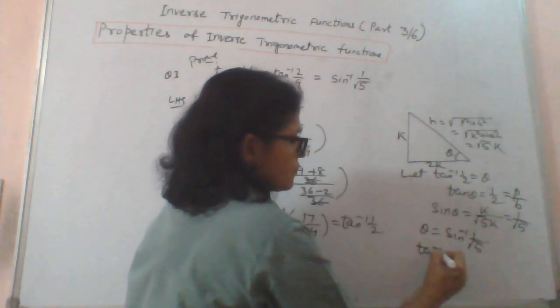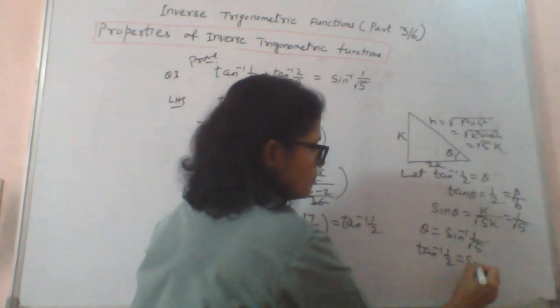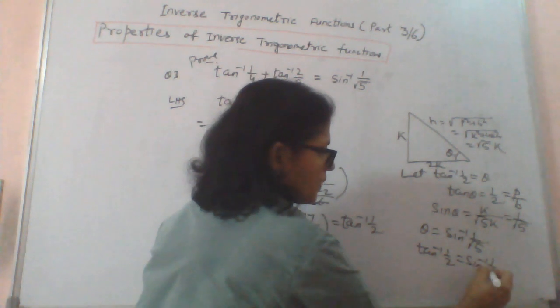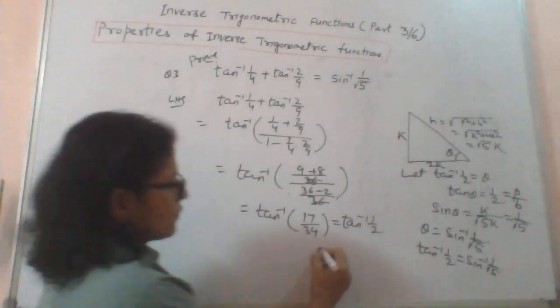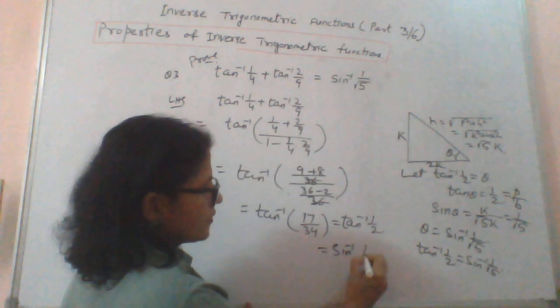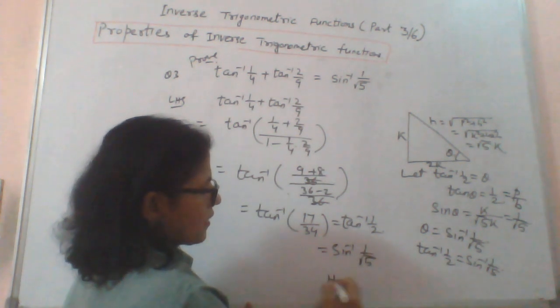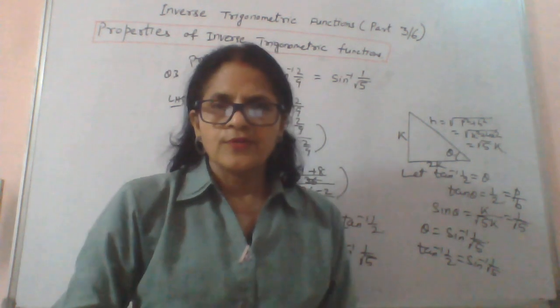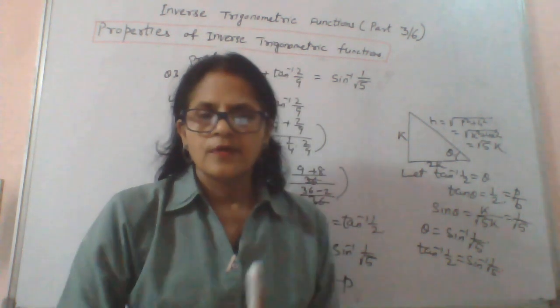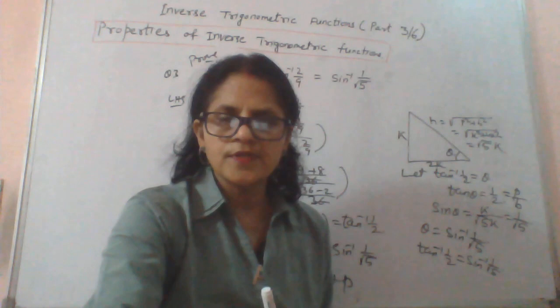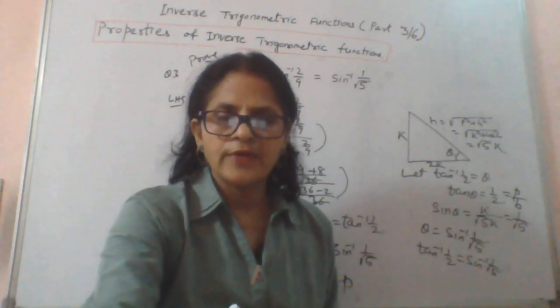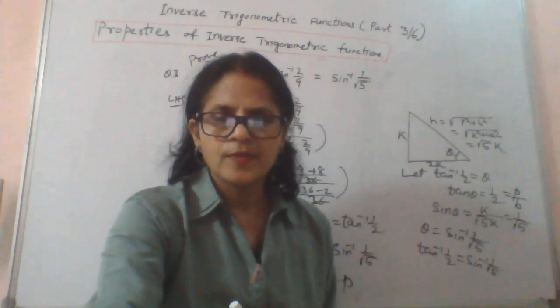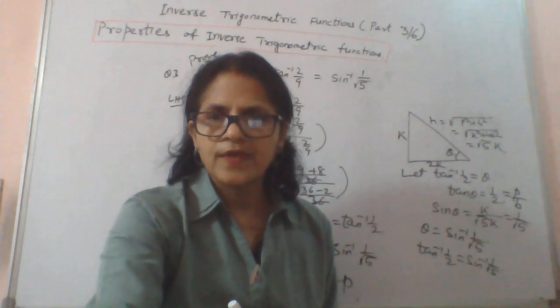Tan inverse 1 by 2 is sin inverse 1 by root 5. So here you can conclude sin inverse 1 by root 5. Hence proved. Okay. So thank you so much. Now we have finished property number 6 and some questions. So let's look forward to the next class, with some other properties and questions. Thank you so much.